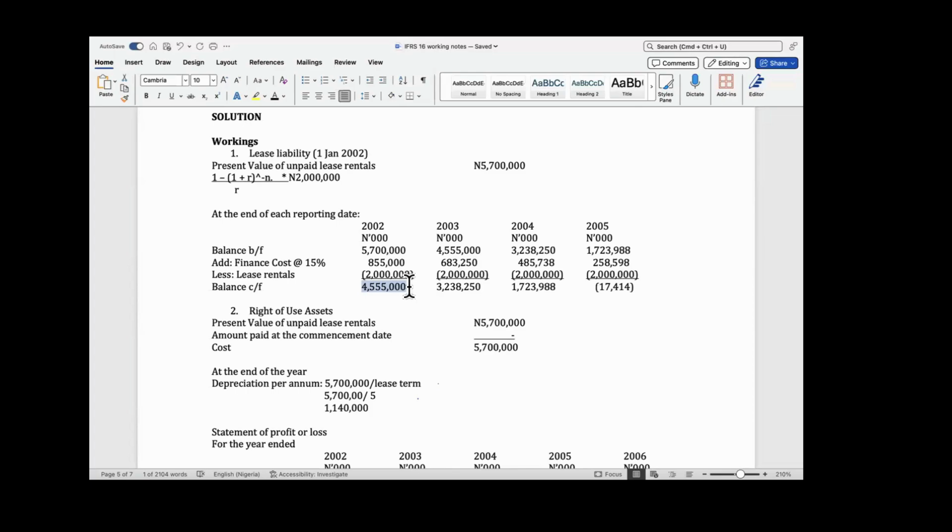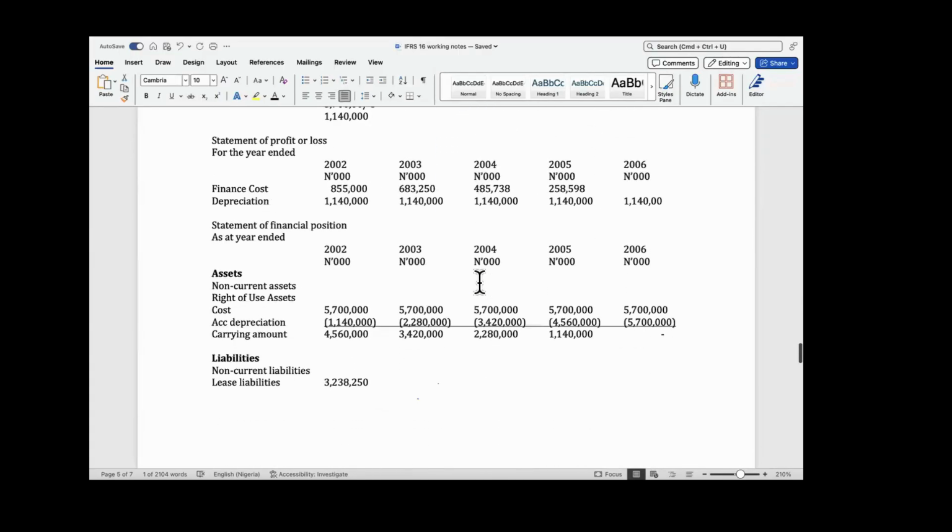So we have successfully separated it into current and non-current. The current portion is what is due next year, and the balance becomes non-current because it will be payable in more than one year.